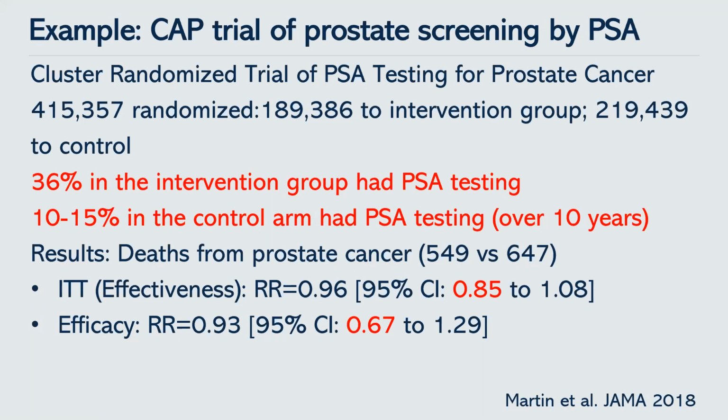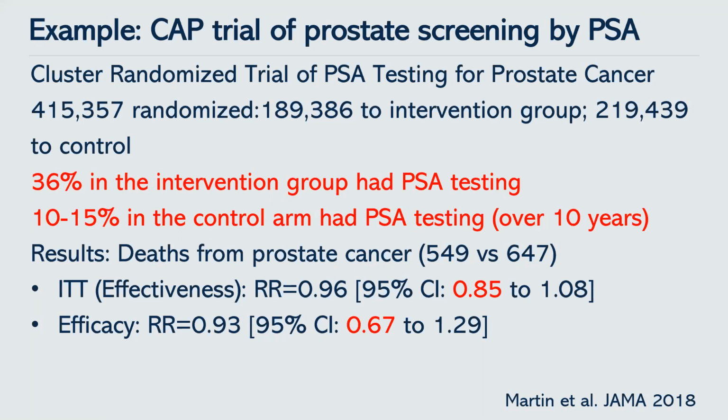The results were that there were 549 deaths in the intervention arm and 647 deaths from prostate cancer in the control arm. And the ITT analysis, the effectiveness analysis, was a relative risk of 0.96. And at best, you had a 15% reduction. And so the authors concluded that there was no point in doing prostate screening.